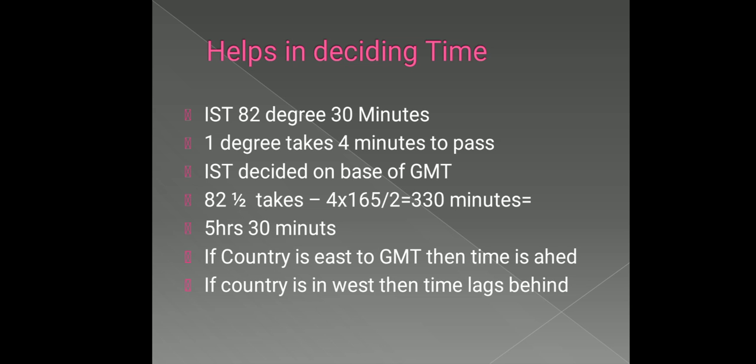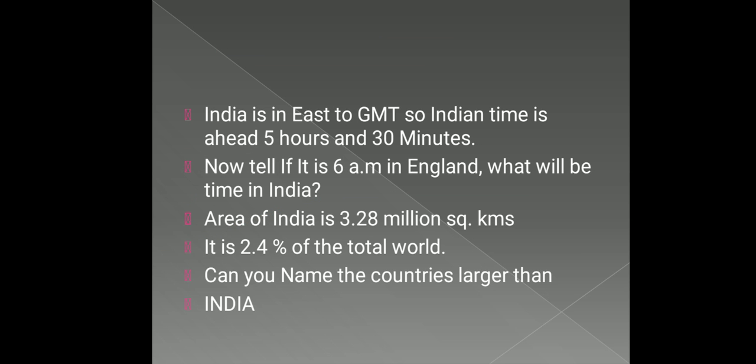Suppose India is in the east of the GMT, so the time of India is ahead of GMT. While the countries which are located in the west of GMT, their time lags behind the GMT. India is in the east of GMT, so Indian time is ahead by 5 hours and 30 minutes. Now calculate, if it is 6 a.m. in England, then what will be the time in India?